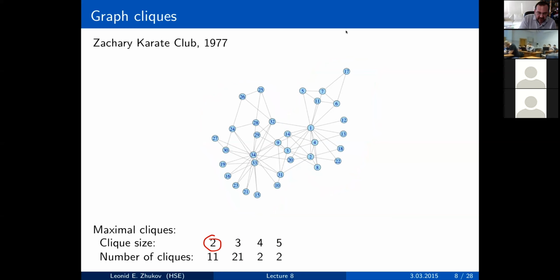Not just cliques, but maximal cliques, meaning that if you add, say here, a third node, we will not get a triangle. There are 21 cliques of size 3, 2 maximal cliques of size 4, and 2 maximal cliques of size 5. So let's take a look at the largest maximal cliques, which are the maximum cliques.